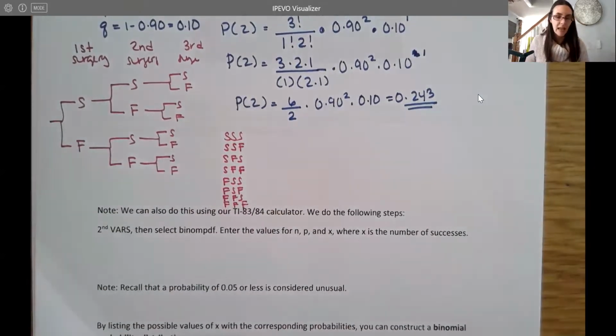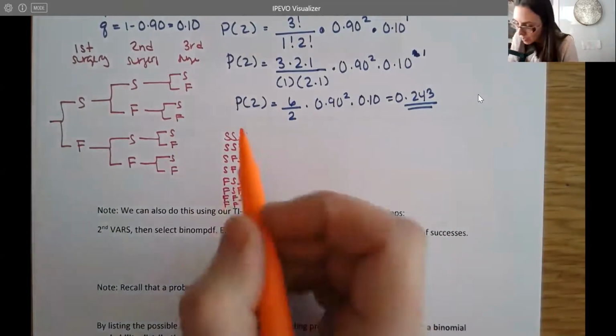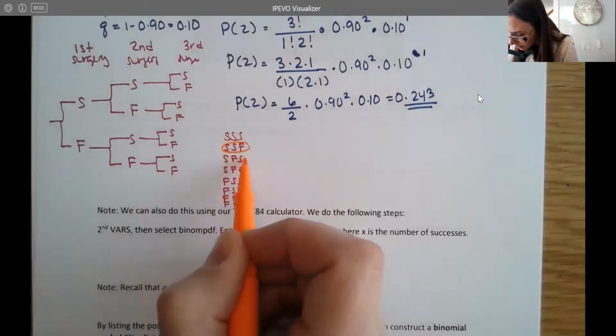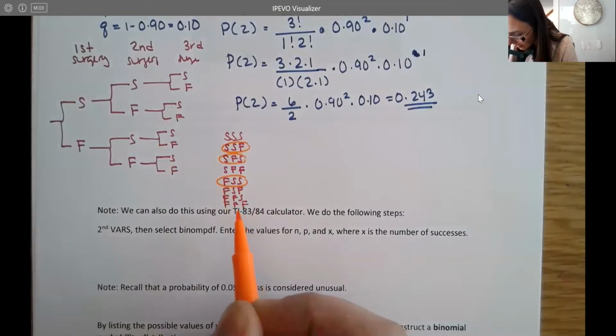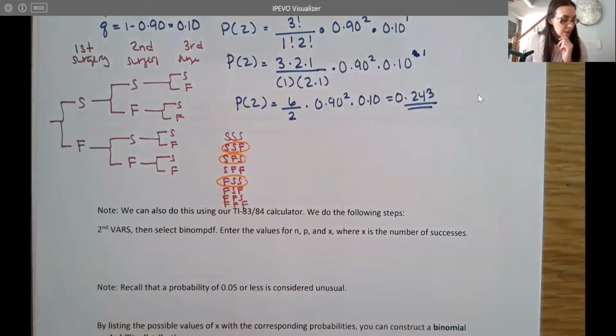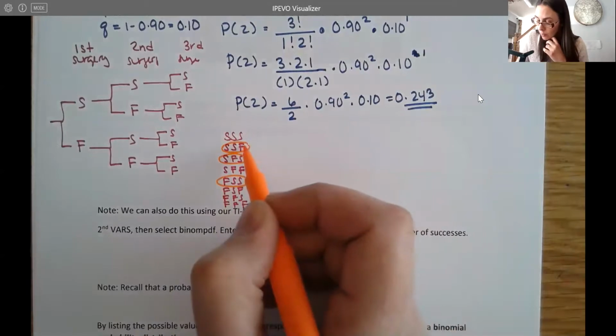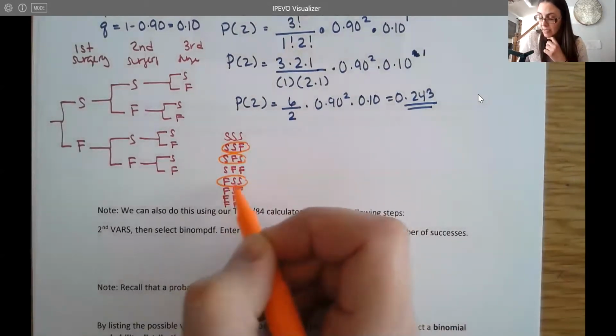Now, remember, we wanted to have exactly 2 successes. So this one, this one, this one, and that looks like it. So I have 3 possibilities there for getting those 2 successes.